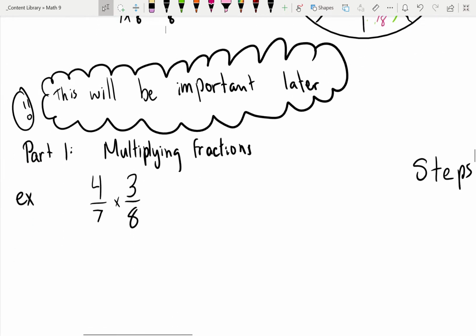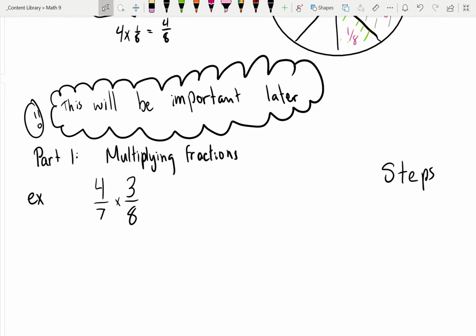So if I am multiplying a fraction, like say I have 4/7 times 3/8. One of the things that's nice about this is, oh, sorry, this is way too thick. You don't need a common denominator.